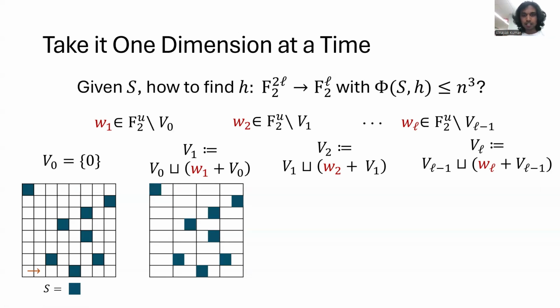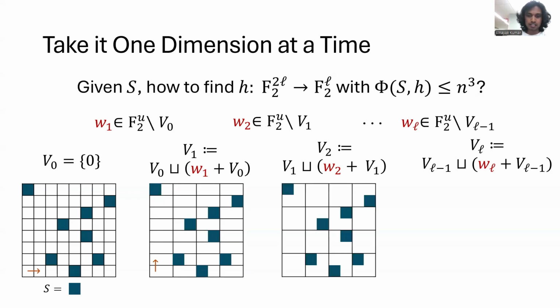We continue. Let's say we pick W2 equal to this brown vector. Then V2 is going to be the disjoint union of this cell along with the cell right above it. And so now we'll get this big square. And so hashing with respect to shifts of the square will look like this.